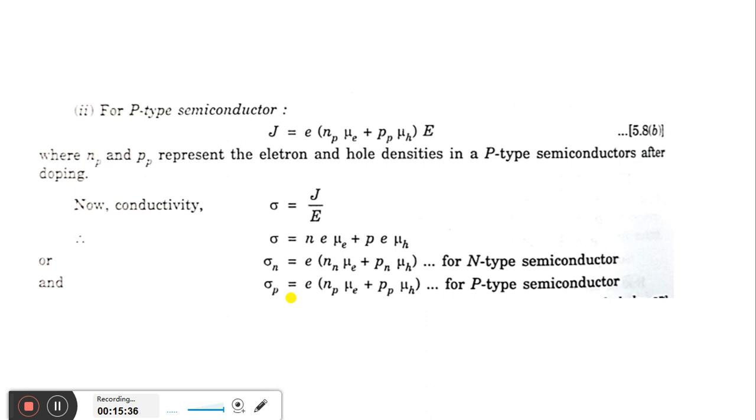As we know, extrinsic semiconductor materials are further classified as n-type and p-type semiconductor materials. So we can derive the relations of conductivity or current density for the n-type and p-type semiconductor material. So this is all about this lecture or this class.